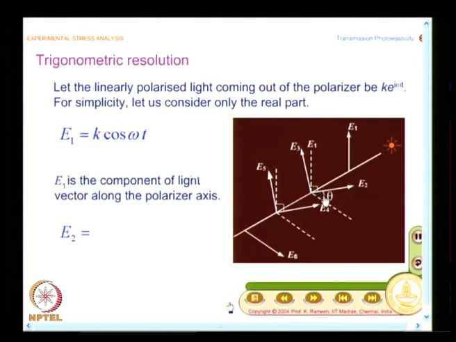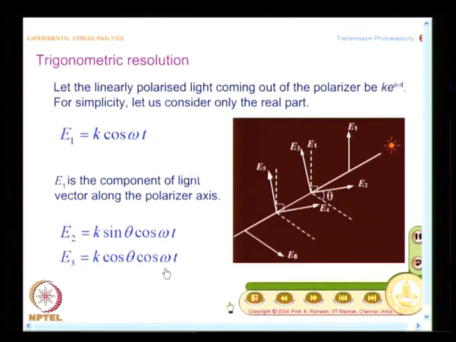Because of this orientation, this is 90 minus theta here. So, I will have a component that passes through E2 and another component that passes through E3. Essentially the amplitude will change. So, I have E2 as k sin theta cos omega t and E3 as k cos theta cos omega t. It is fairly simple.